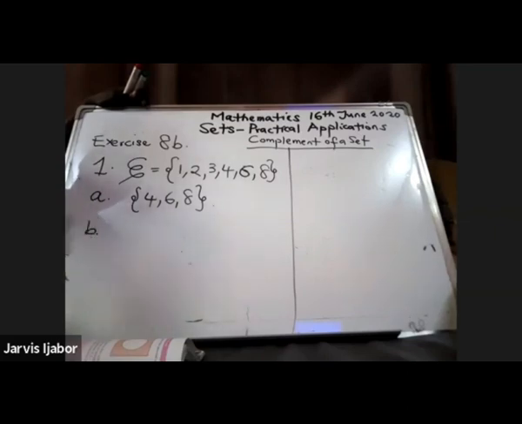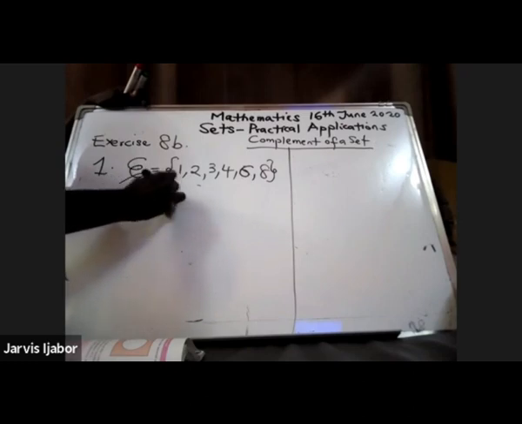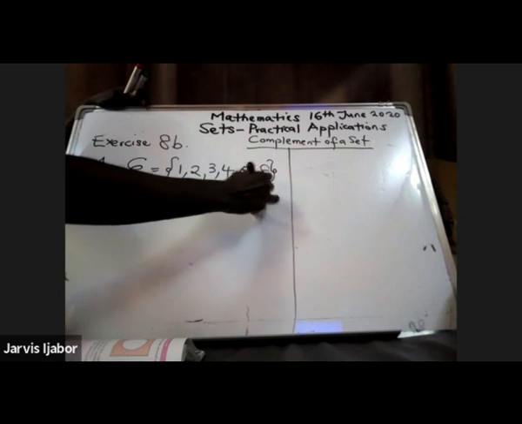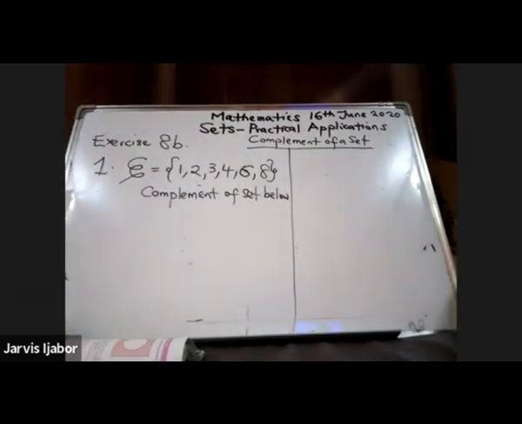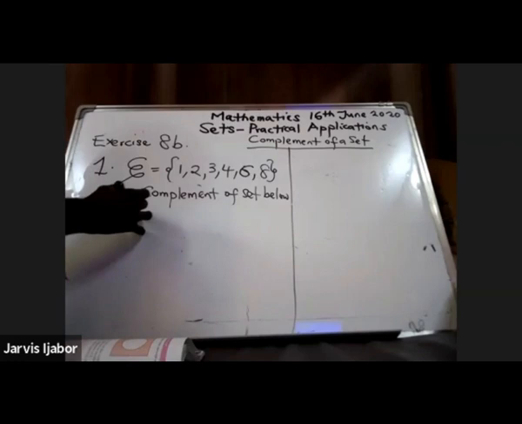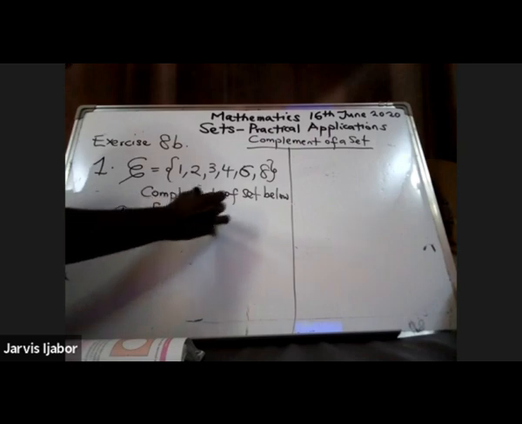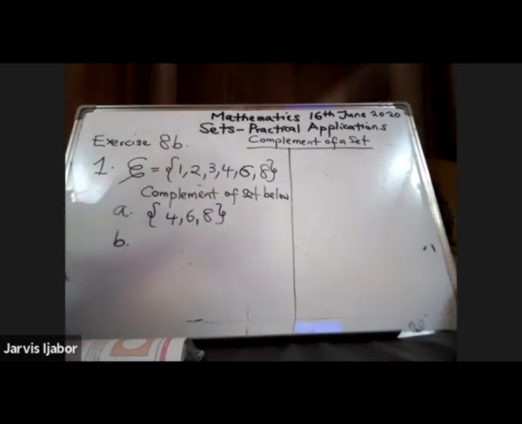B, what's the complement? You should tag it, just say complements of sets below. A will be 4, 6, and 8.